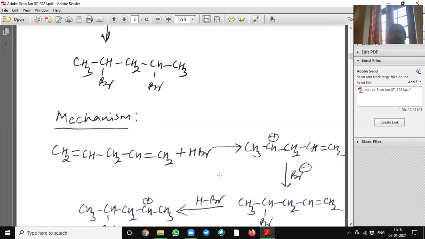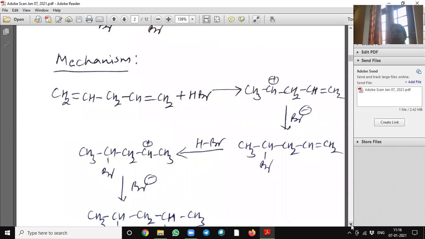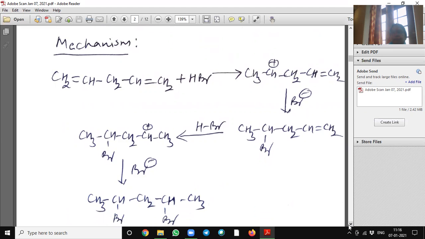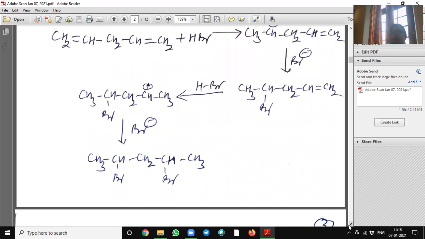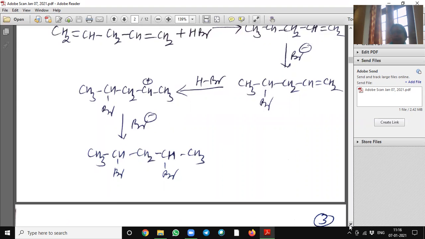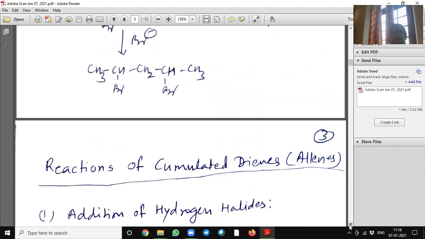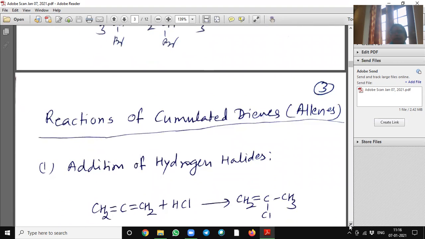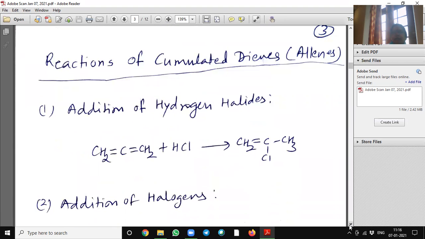Mechanism, as usual like alkenes: it will first be protonated and give a stable carbocation, and then the anion nucleophile is added to the reaction. It is again 2 times and it will give 2,4-dibromopentane.